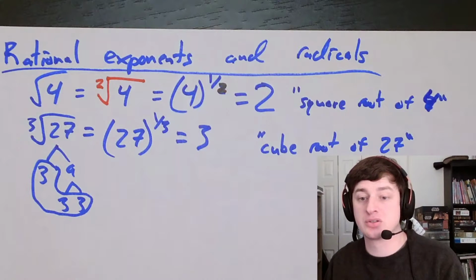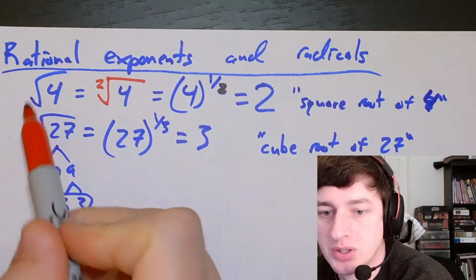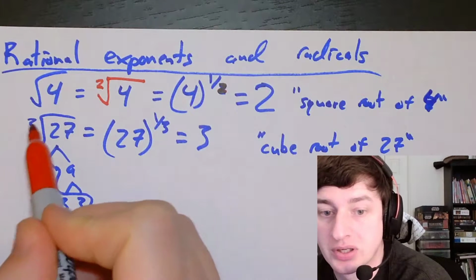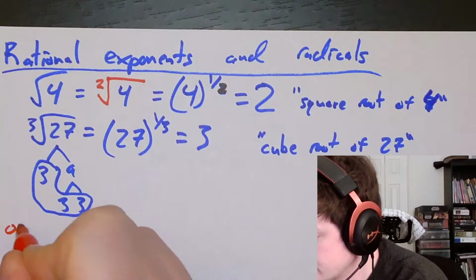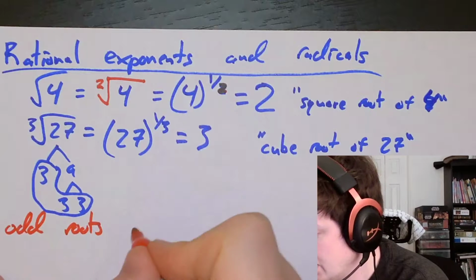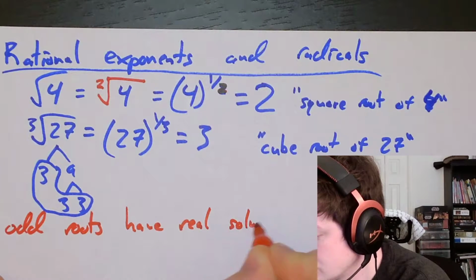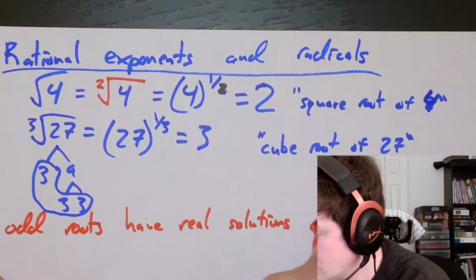So something special about these odd roots, right? So we have an even root here because it was a 2, and an odd root here because this is a 3, and 3 is an odd number. Odd roots have real solutions of negatives.